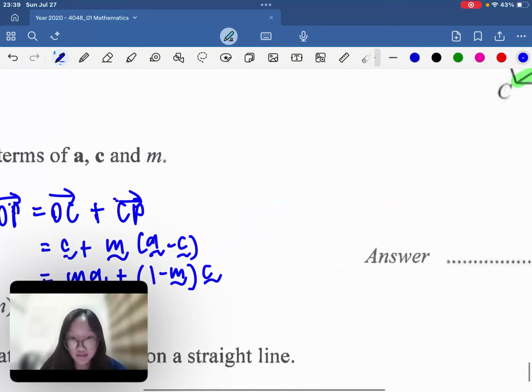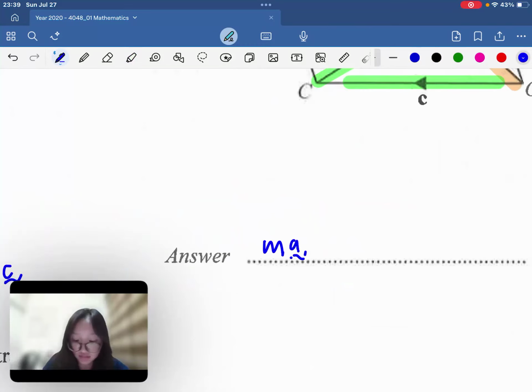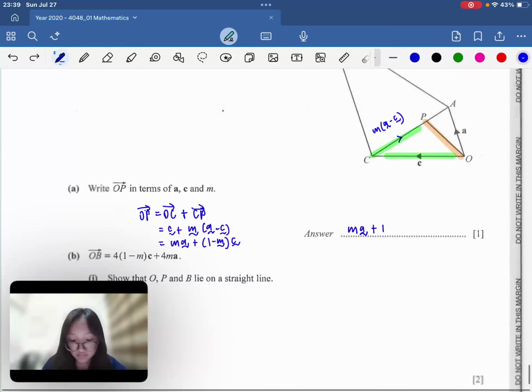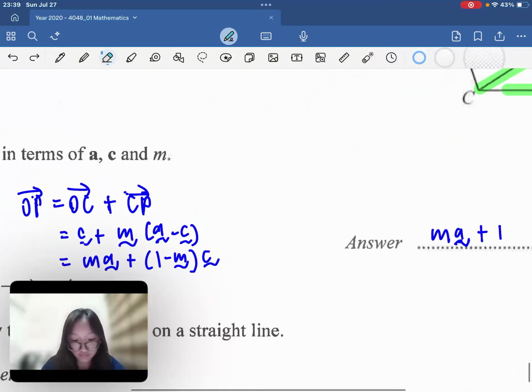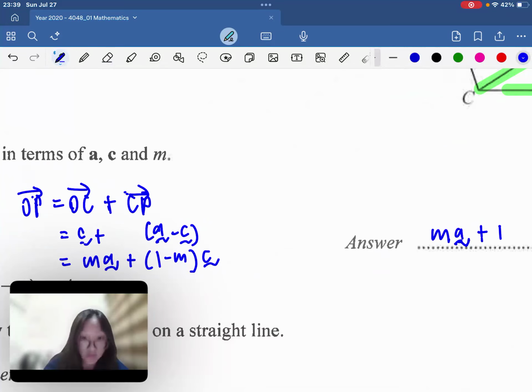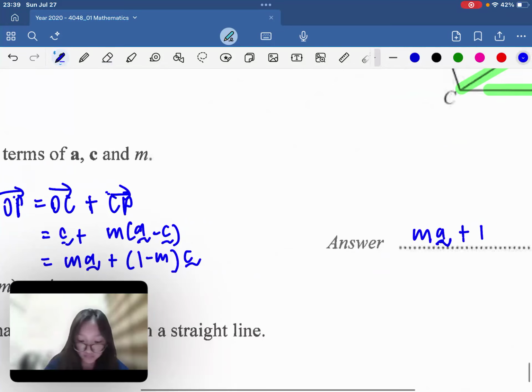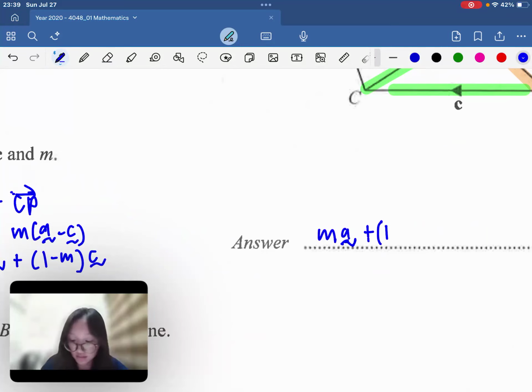Okay, so that is our answer. Sorry, M is a variable. Plus (1 minus M)C.